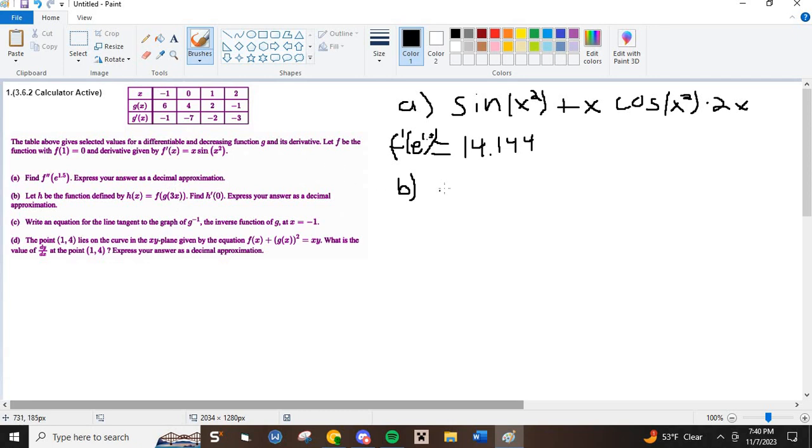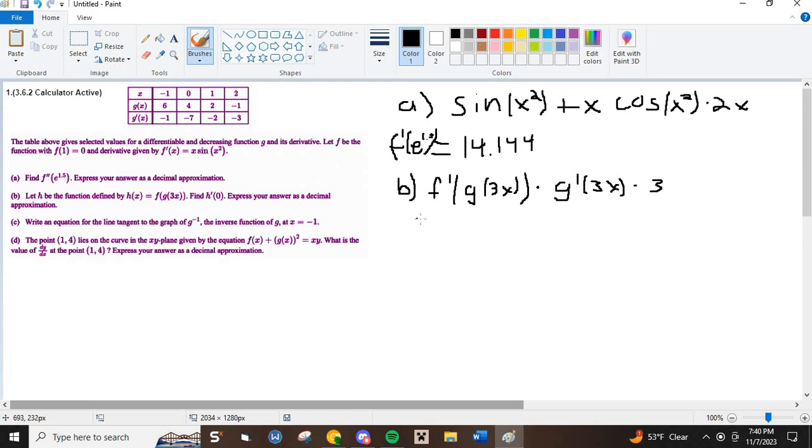So let's get rid of the first layer by taking the derivative of that. So f prime of g of 3x with chain rule times the derivative of g of 3x, which is g prime of 3x, and the derivative of that, which is 3. No, just 3 actually.